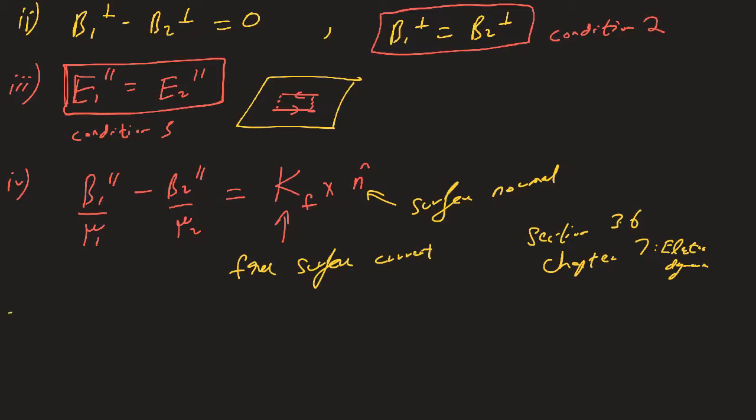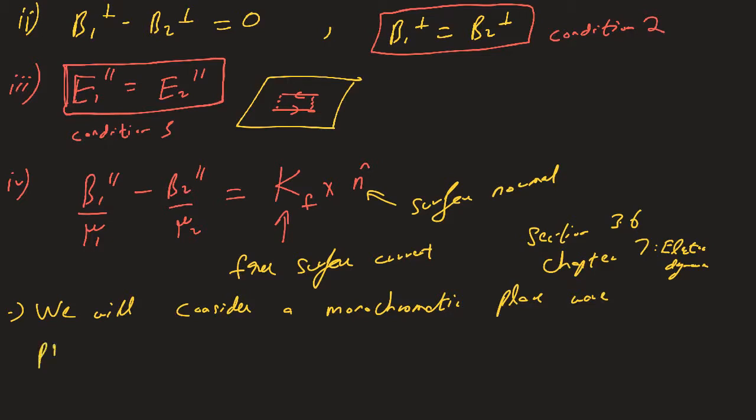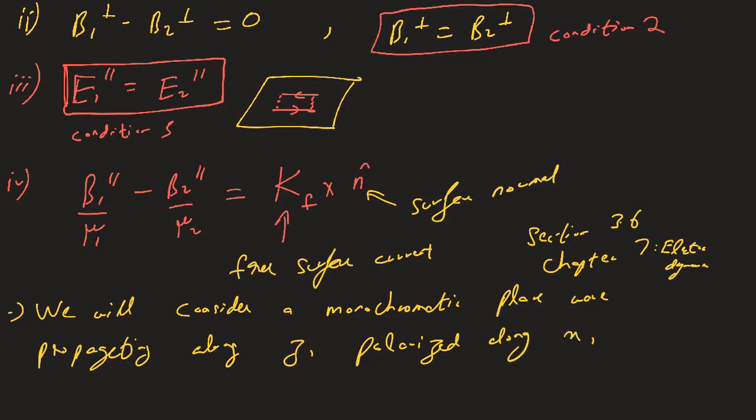So once again, we will consider a monochromatic plane wave which is propagating along z, polarized along x, right?